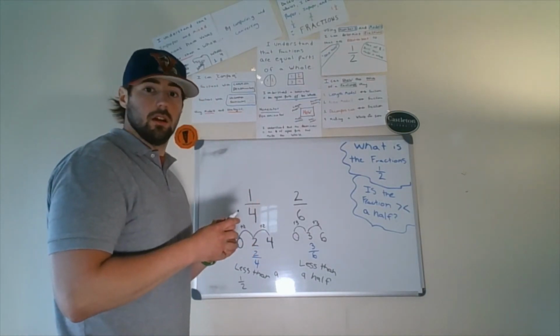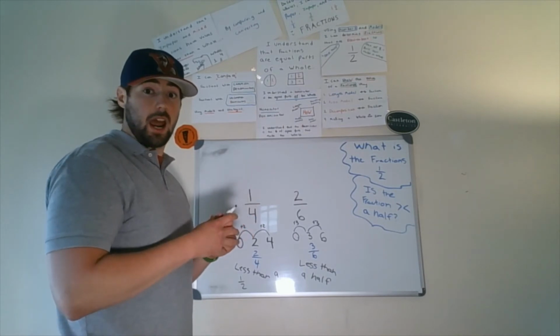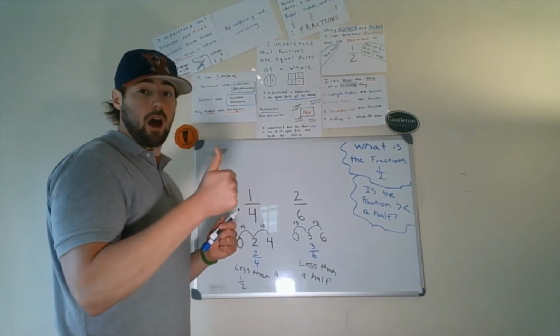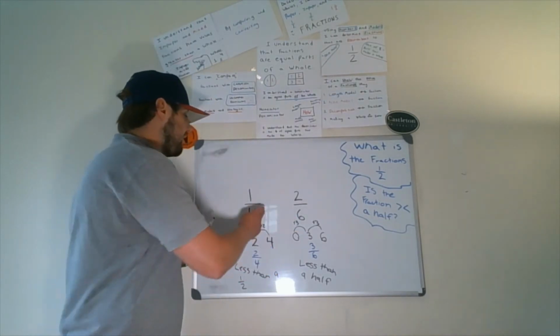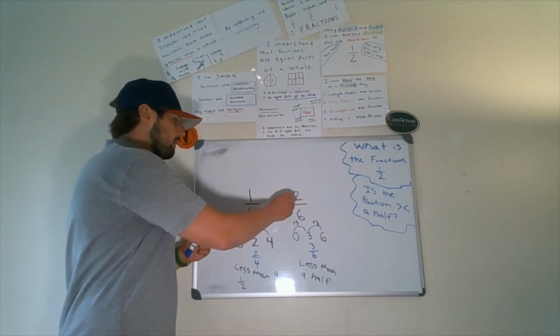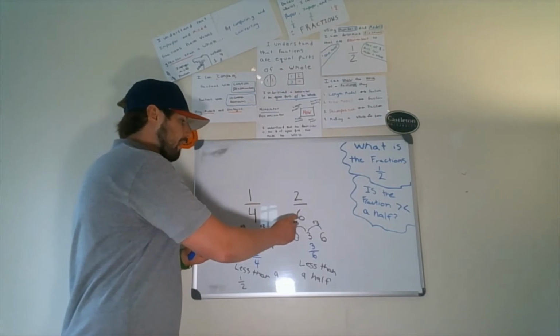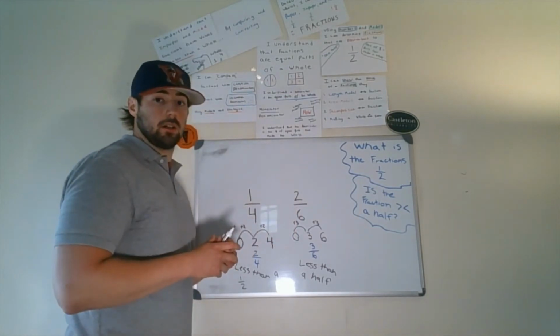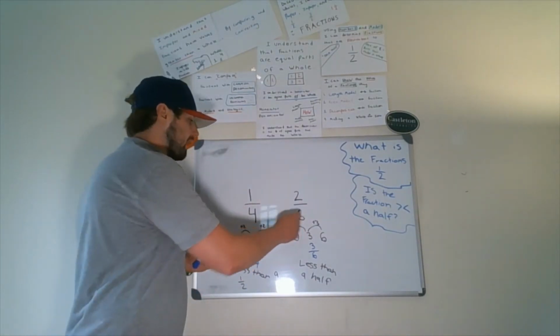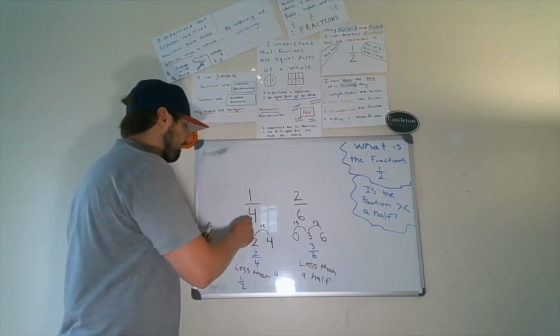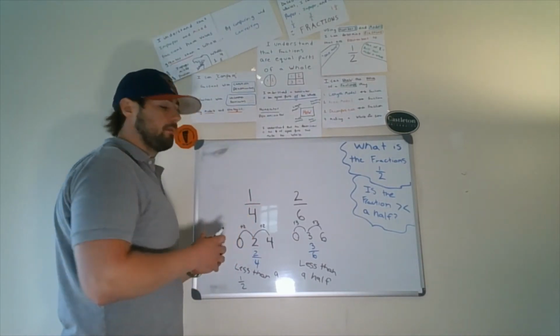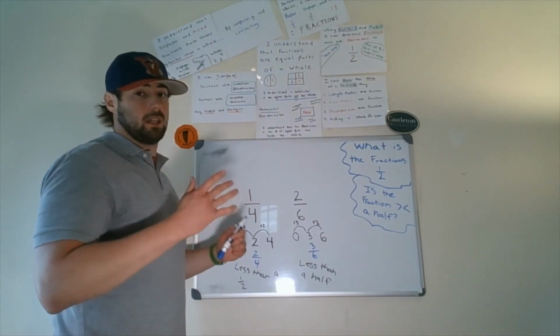Well, sounds like we need to use another strategy. You could use a model. You could understand that when we have a larger number in our denominator, the parts get smaller. And when we have a smaller number in our denominator, the parts get bigger.